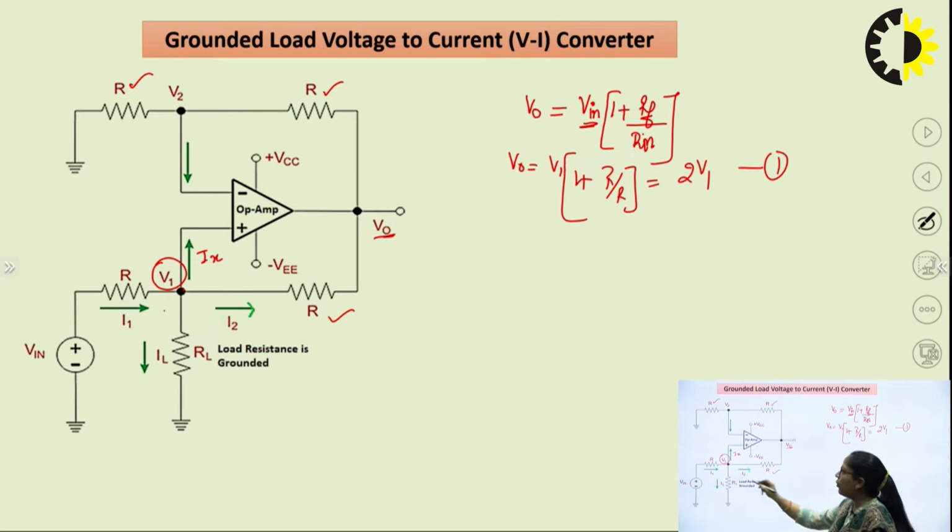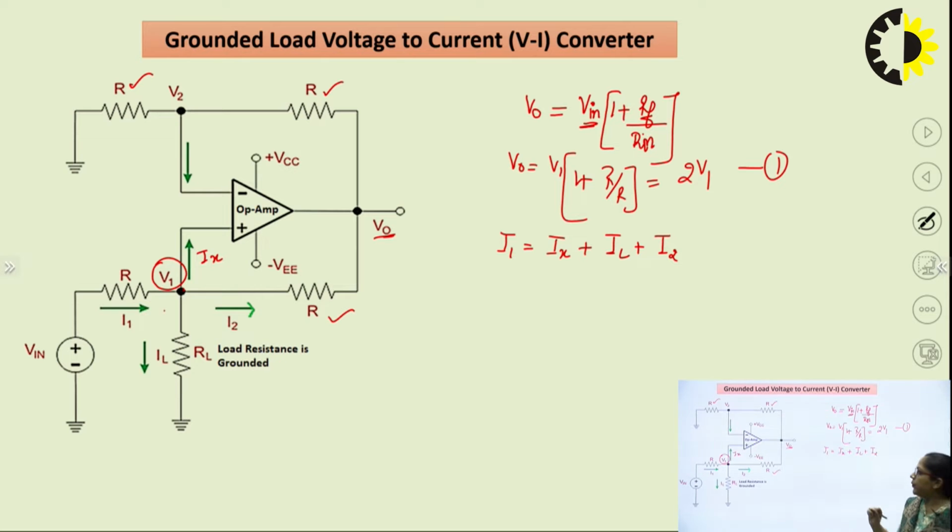Okay. So, how can I divide this current I1? I1 in this case will become the summation of Ix plus IL plus I2. Now, we know that the current entering inside the op-amp is always 0. Why 0? Because of very high input impedance of operational amplifier. So, we can write Ix equals 0.